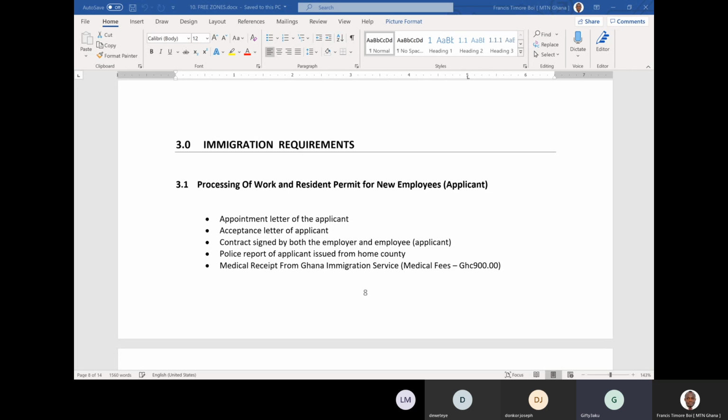Required: A, as the preferred tax advisor, provide an opinion on the income tax consequences of establishing a cattle farm, indicating whether the location of the farm impacts on the tax incentives available to an investor. 3 marks. B, based on your knowledge of the Free Zone Act 1995, Act 504, state and discuss 5 tax incentives which the investor can obtain if he registers the meat processing factory as a free zone enterprise.